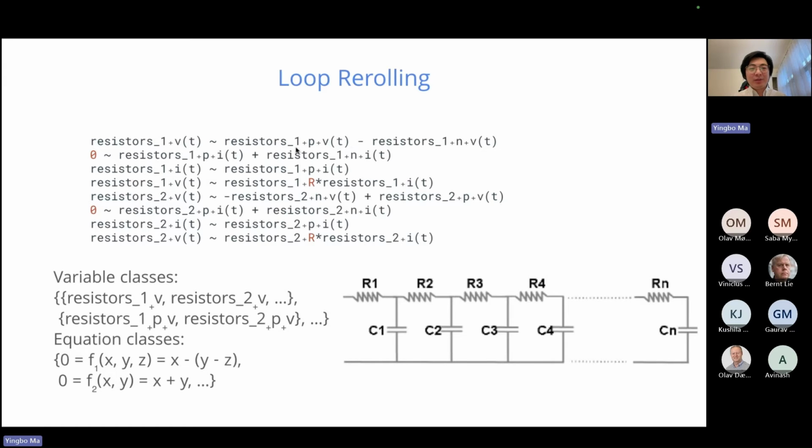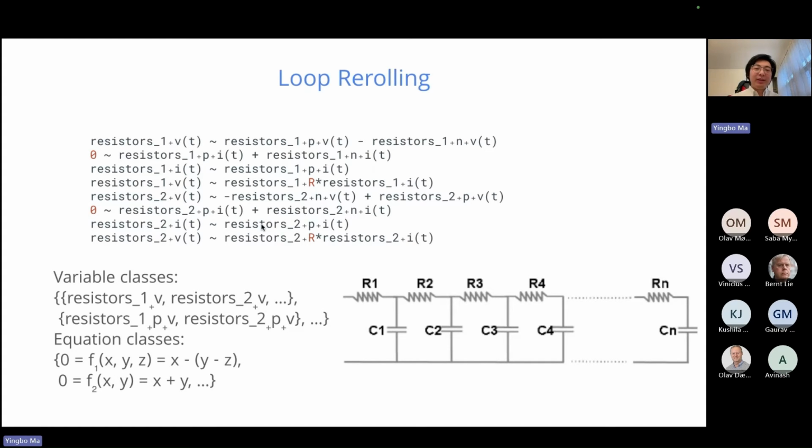And in the first equation, we have resistor1.n.v, and in the fifth, resistor2.n.v. The same thing also happens for the second equation and the fourth equation, right? So we have resistor1.p.i and resistor1.n.i, and here we have resistor2.p.i and resistor2.n.i.